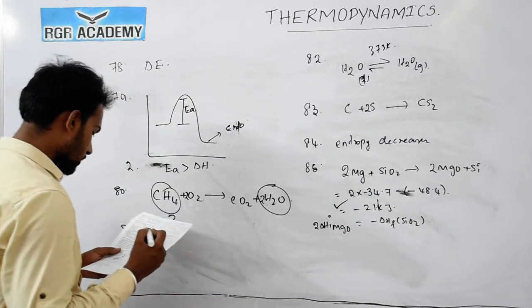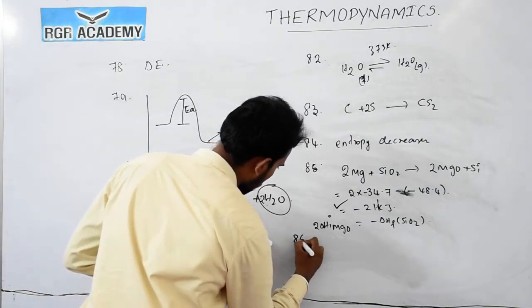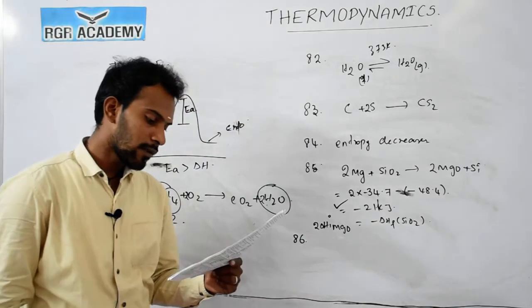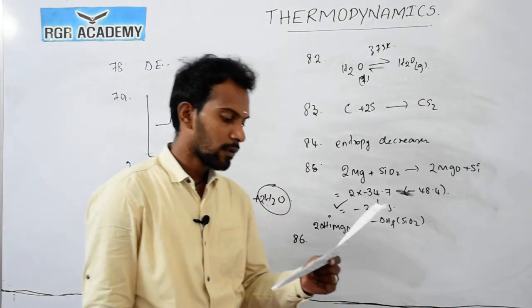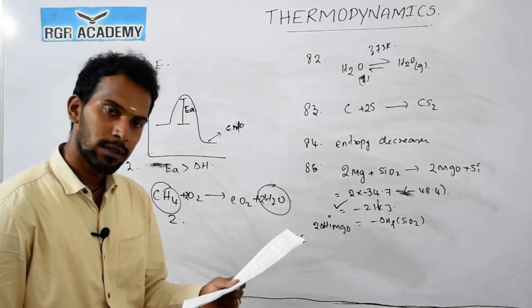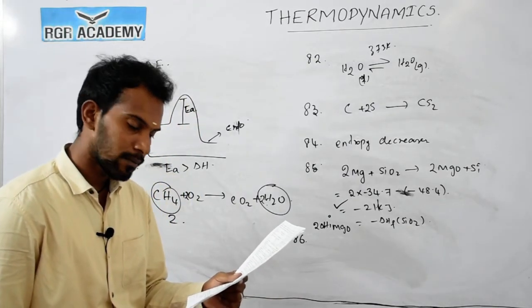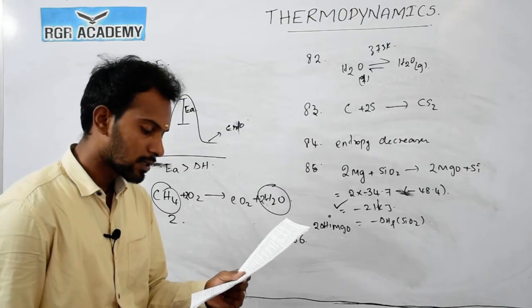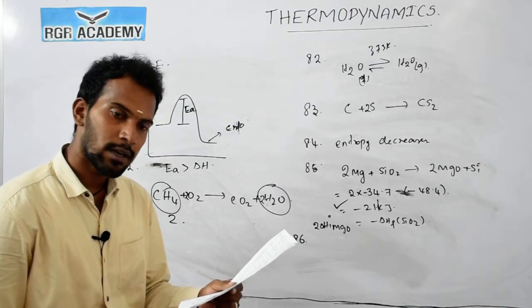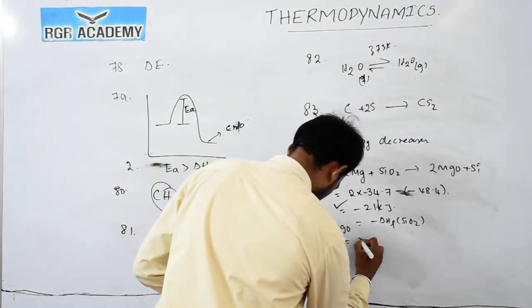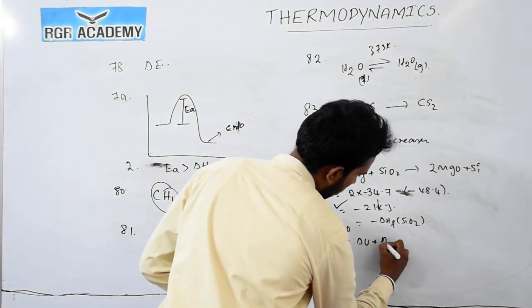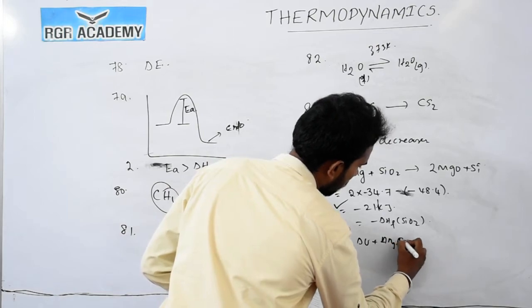Now question number 86. The enthalpy of formation of methane: carbon reacts with 2 moles of hydrogen to give CH4 at constant pressure, 18,500 calorie at 25 degrees Celsius. We need the heat of formation at constant volume. Delta H is equal to delta U plus delta Ng into RT.